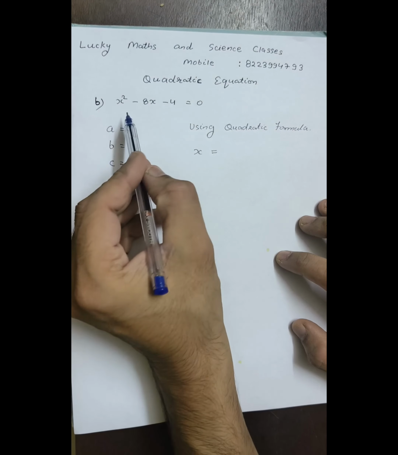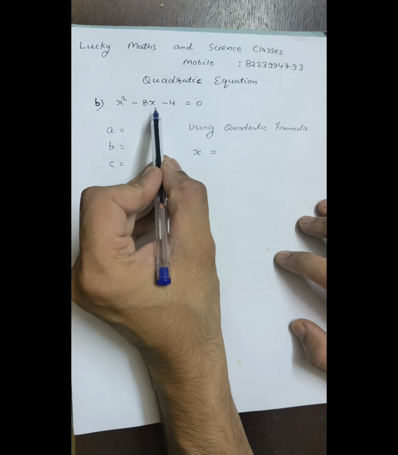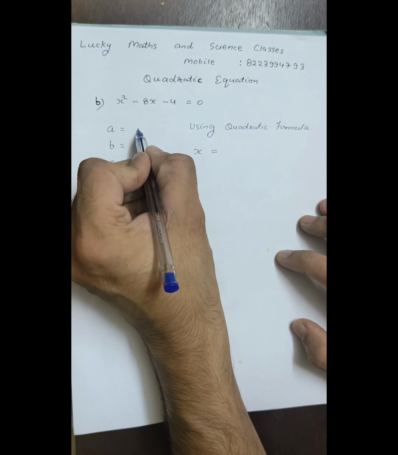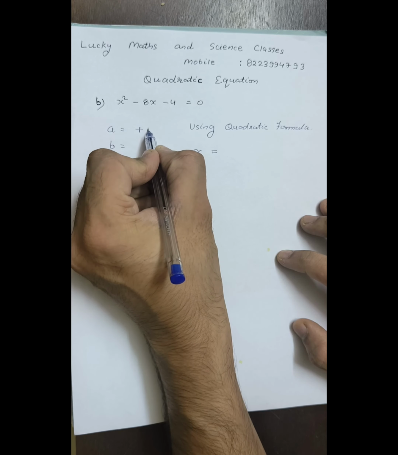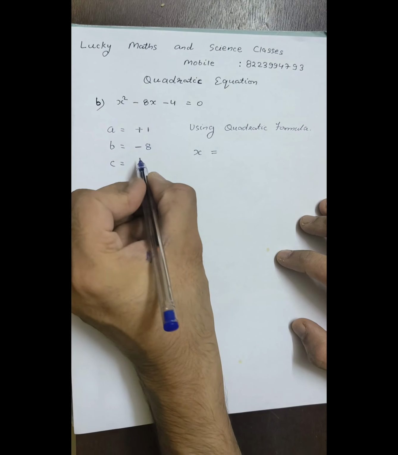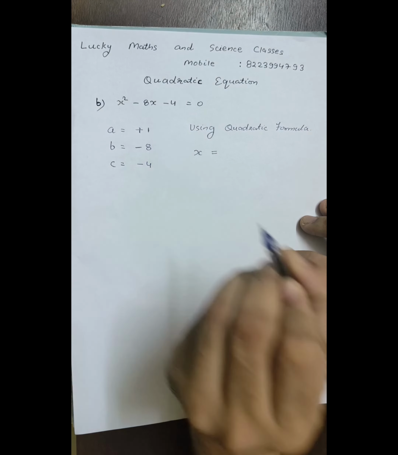Second question. x square minus 8x minus 4 is equal to 0. Value of a is plus 1, value of b is minus 8, value of c is minus 4.